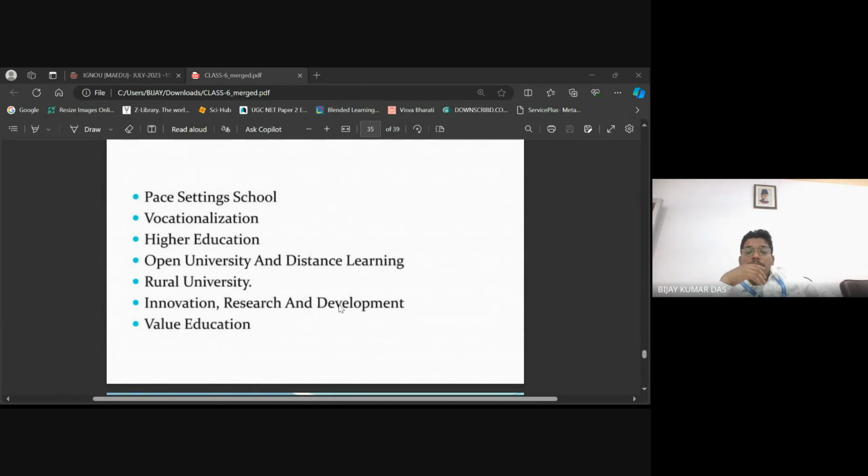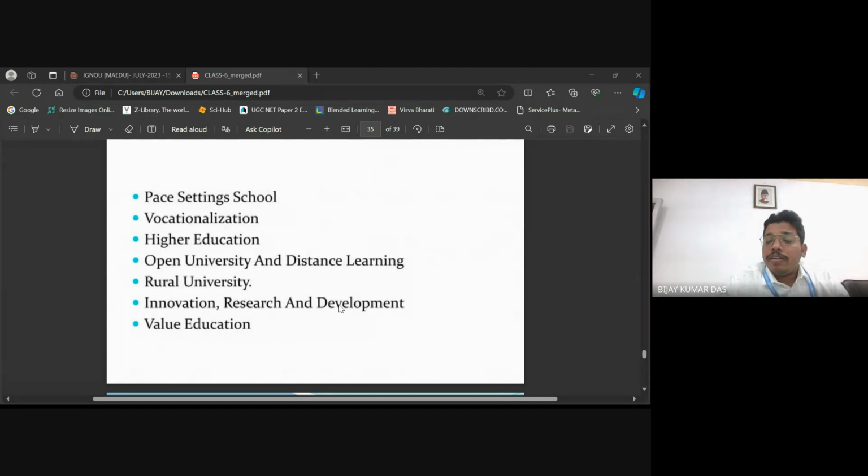And another thing is higher education. Government initiatives include the National Education Policy, Program of Action, POA, the RTE Act, DPEP, District Primary Education Programme, and Sarva Shiksha Abhiyan, SSA. So there are so many initiatives by state governments as well as the national government to improve the standard of education all over the country.